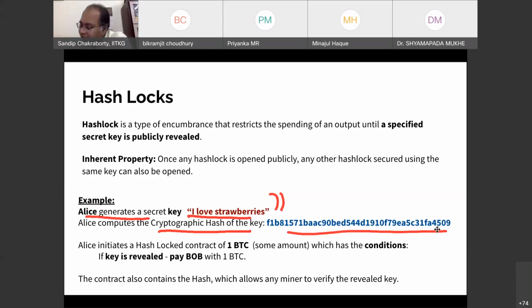Well, now Alice initiates a hash lock contract of 1 BTC, which has the condition that if the key is revealed, then pay Bob with 1 BTC. Well, and this contract also contains the hash, which allows any miner to verify the corresponding key.